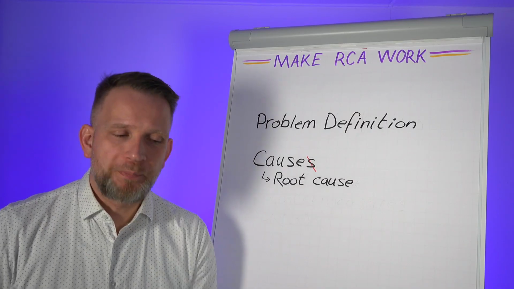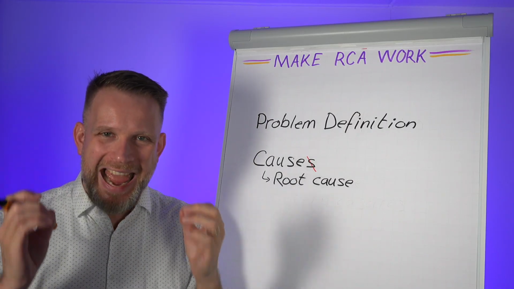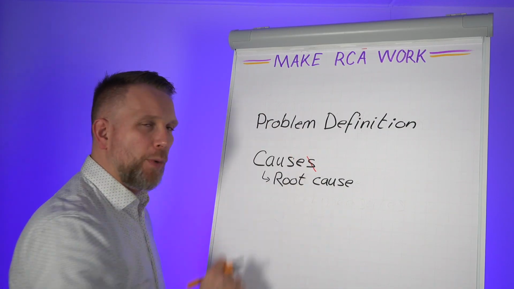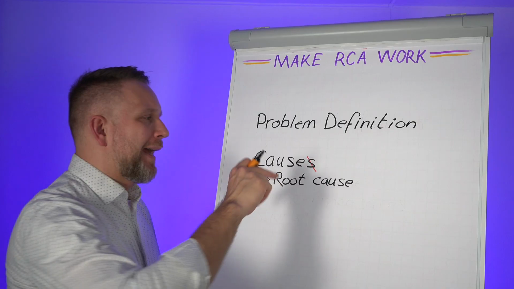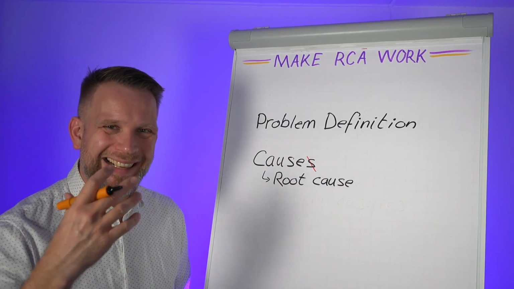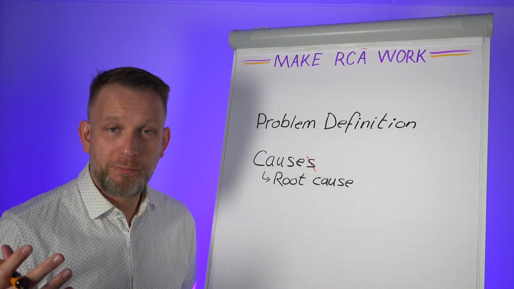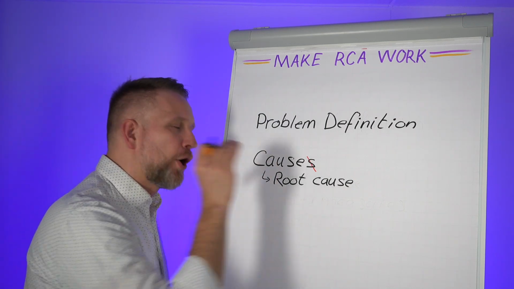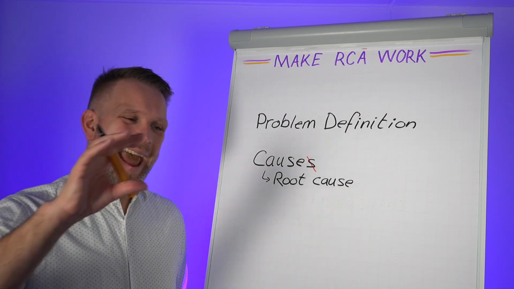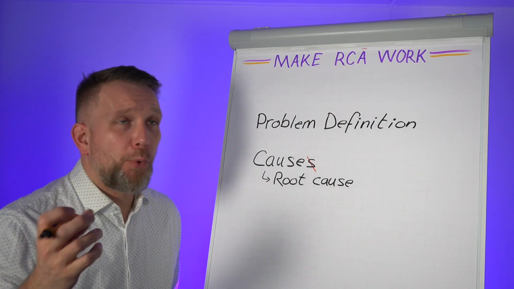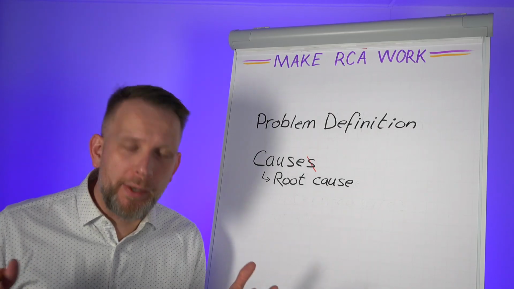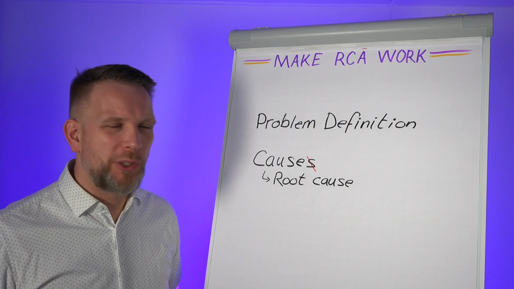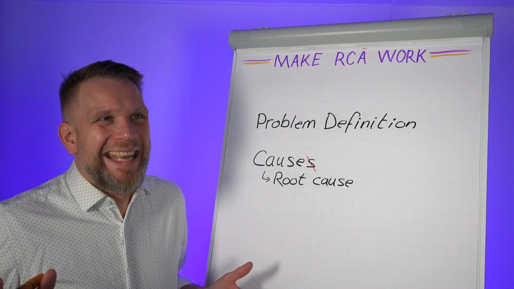What you need to do is you need to get into that habit, into that discipline of always defining what is the problem, then listing a couple of possible causes, right? Direct, fundamental causes to that problem, and then pick the most important, the most likely, or maybe the only one that turned out to be true, though often a couple of those potential primary causes can all be true.